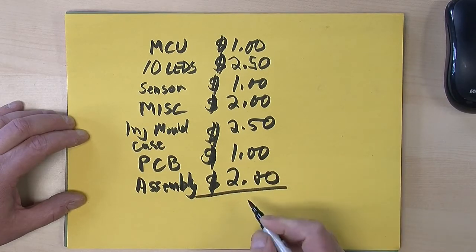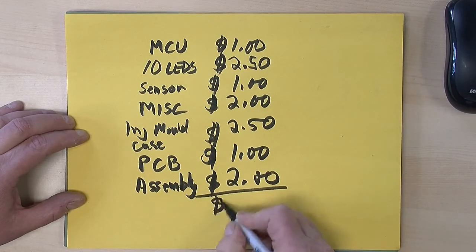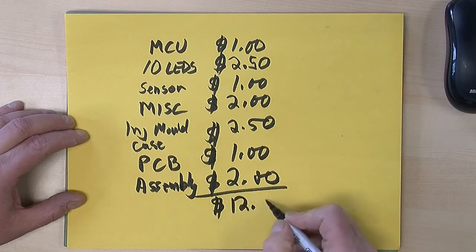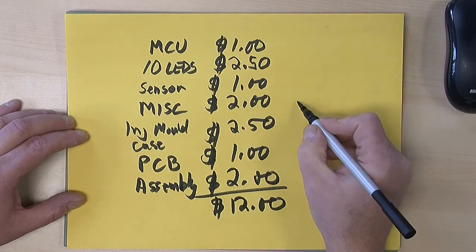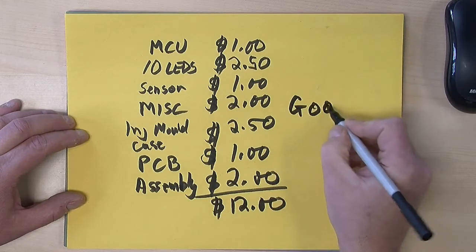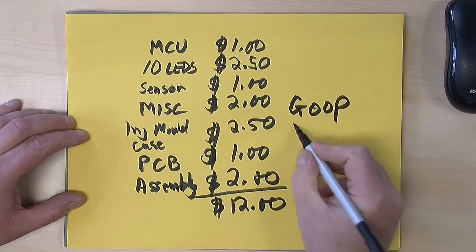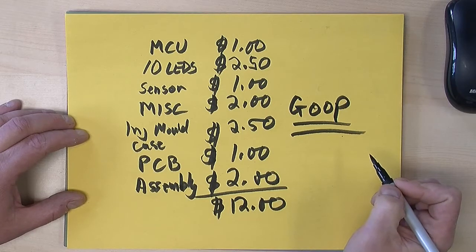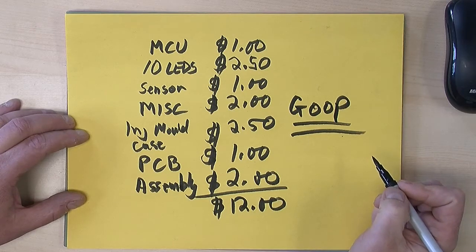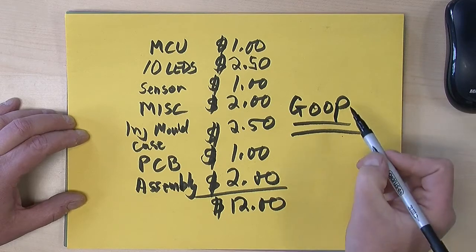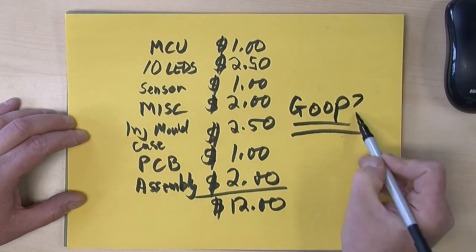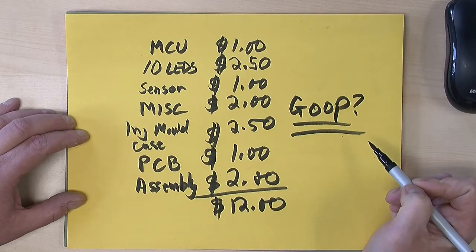And what does that give us? Probably about $12. Now, what are we leaving out? We're leaving out the critical item, the goop that does all the testing. And in many ways, that's probably more than anything else the intellectual property in this product, and I have no idea what the goop might cost.